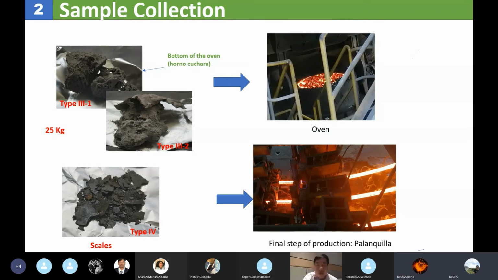But with the oxide, like type 4, is there any potential application of the oxide? Yeah, it's the case of the magnetite for the type 4.